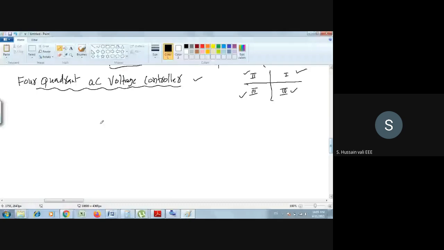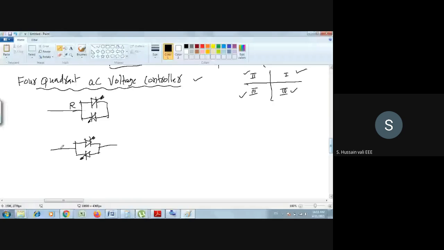It's only a circuit. Now, three phases are there, R, Y and B, and we have the induction motor here.